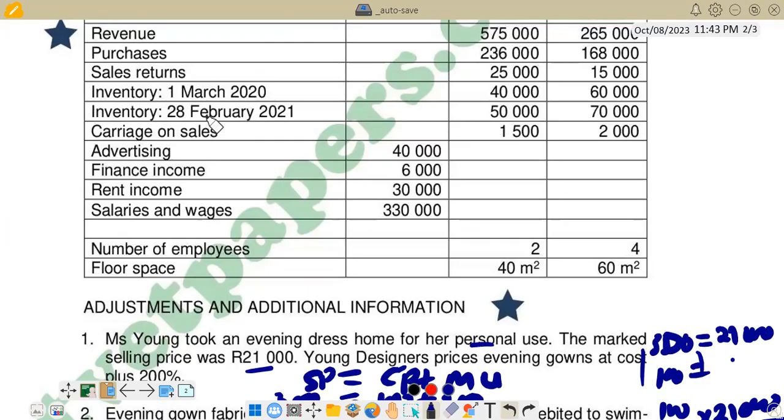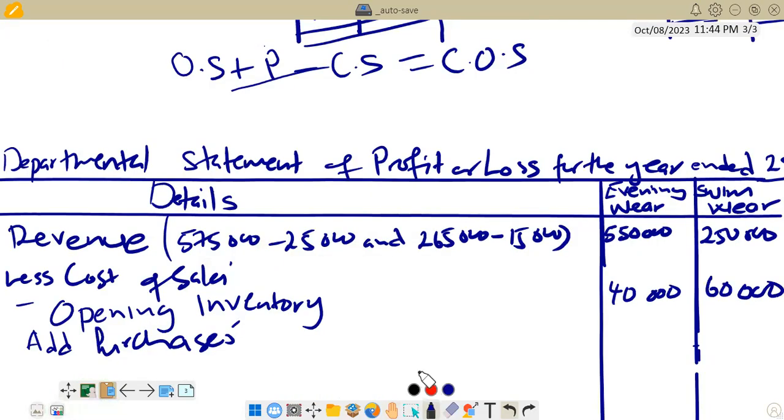We have this one, 236,000 there and 168,000 here. Let me put those figures. 234,000 and 163,000.